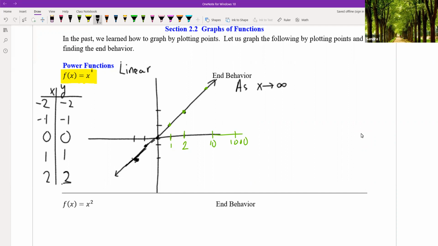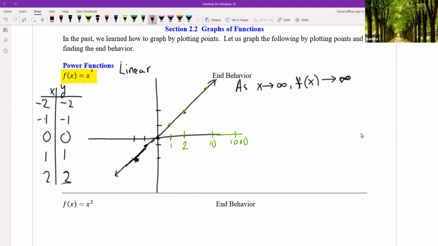As X is getting closer to infinity, and as we're getting very large X values, my Y values, my function, is going to the positive infinity because this over here is large. That's what we call the end behavior. Another way to say it for this class, you can also say, look, it rises to the right. It just goes up to the right. However, this rises to the right, it's not really the precise definition.